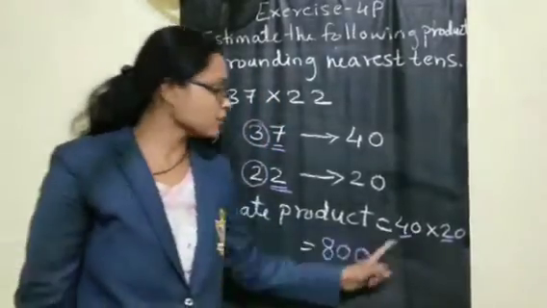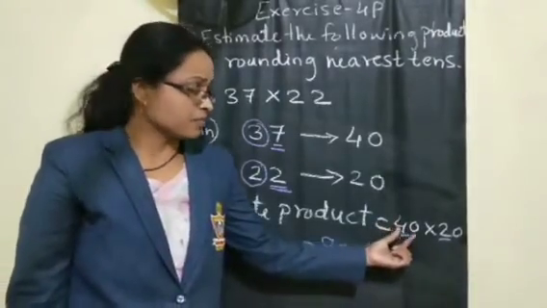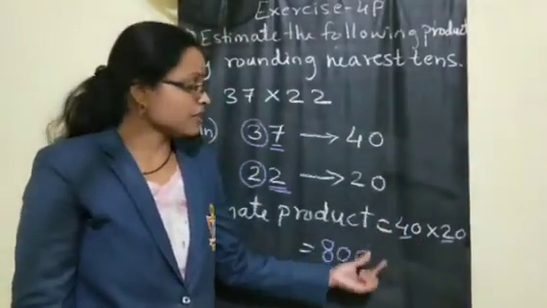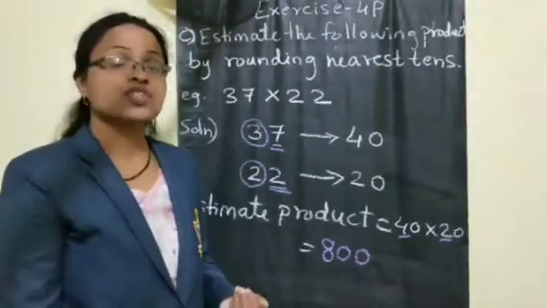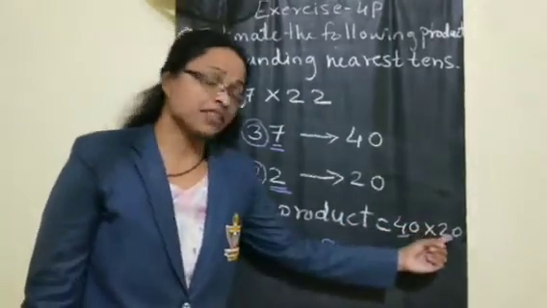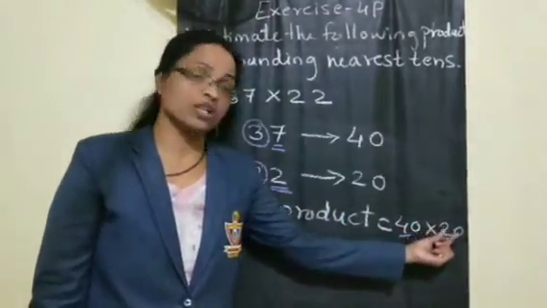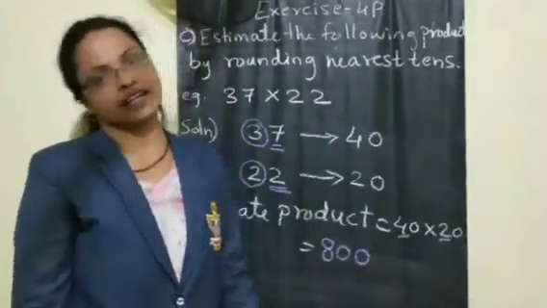Like this you can directly do the multiplication and get your answer. Once again I am telling, when numbers are multiplied by 10, 20, 30, 40 and so on, instead of doing the long process, directly multiply number by number and whatever zeros are there, insert them on the right hand side of your answer.